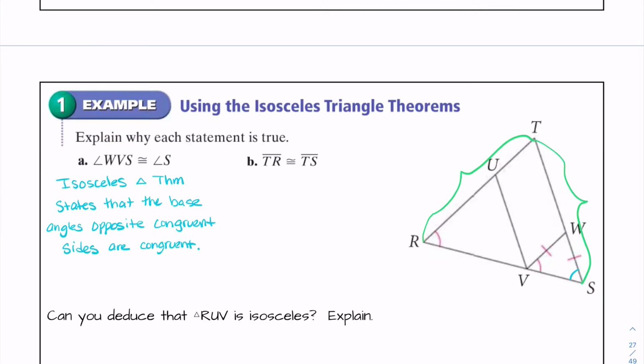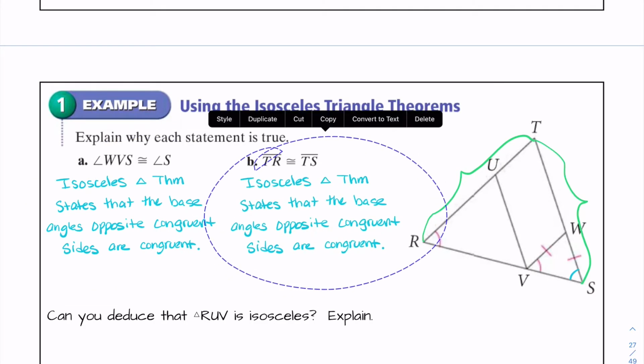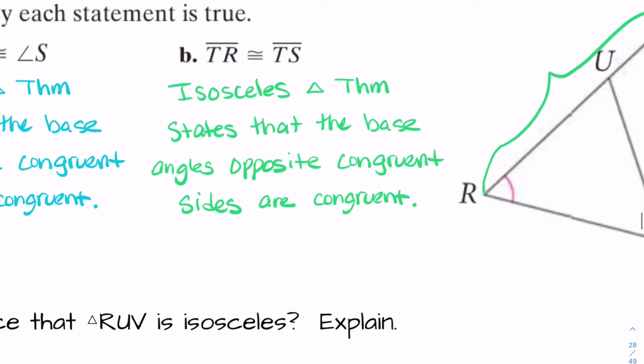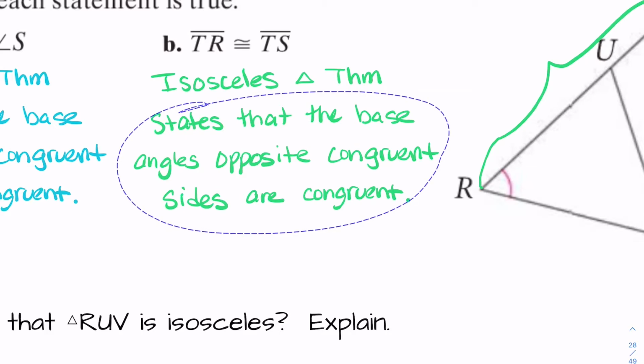So I can pretty much copy and paste this over. Well, for the most part, not fully. Let's see.